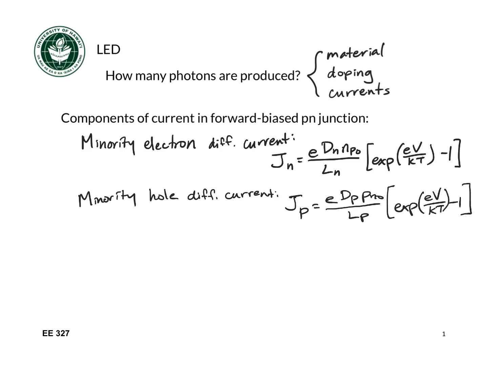And then the last component is going to be the recombination current. And again, these are all current densities.